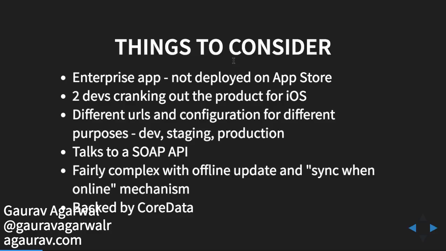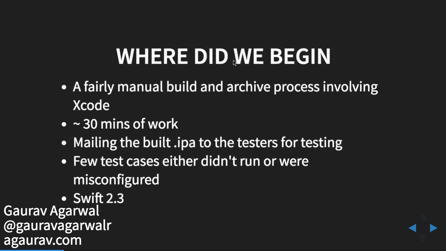It talks to a SOAP API. It was a fairly complicated app with offline access and a sync-when-updated mechanism. A person can make changes offline, and those changes would get synced when the internet connection comes back up. It's backed by Core Data.